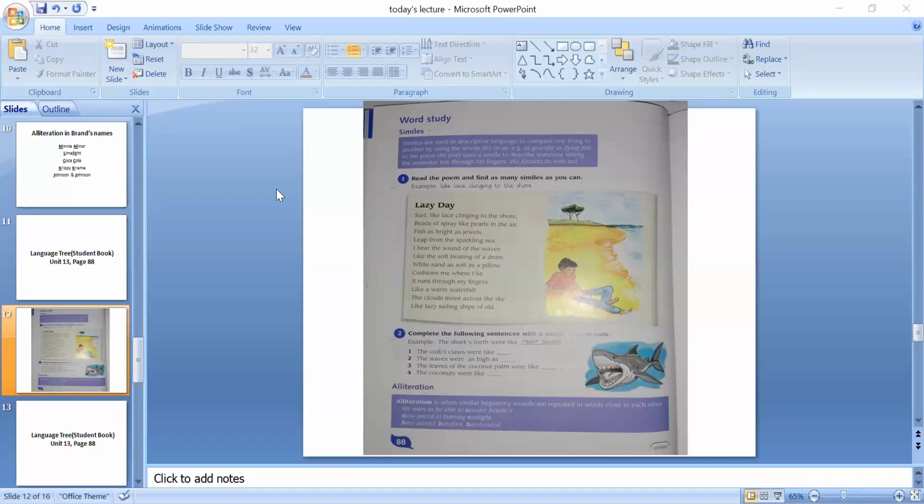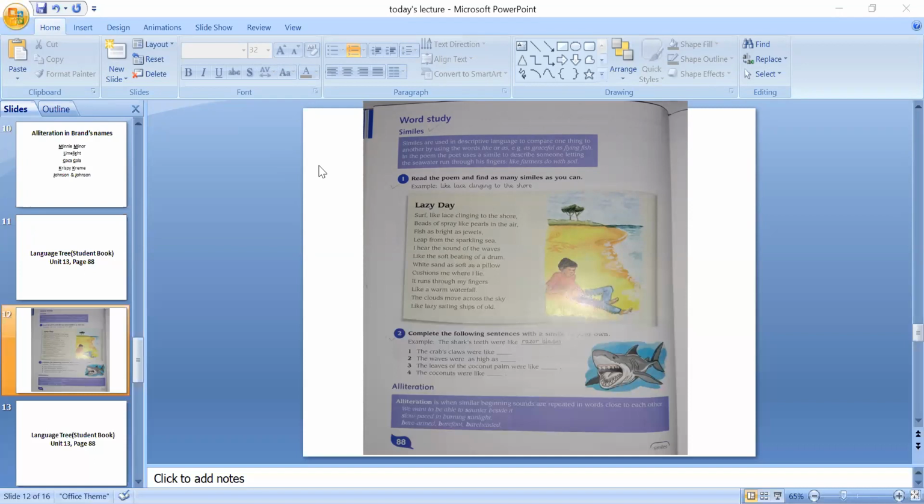Okay. Think about a simile. Hurry up, students. I'm giving you one minute. Think about a simile. Who compares like a soldier, I'll compare with the lions.